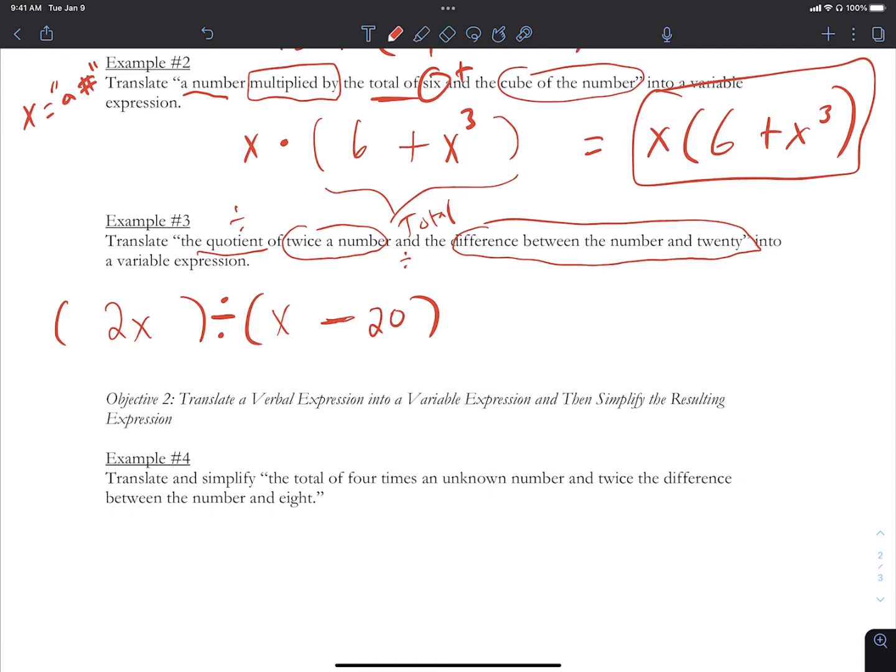And keep in mind, if I didn't have these parentheses here, this would read as two separate things. Another thing you could do, if you don't like using the parentheses, is to set it up like a fraction. So when I write 2x in the top and x minus 20 in the bottom, in the denominator, that reads the same way, because remember, this fraction bar is a grouping symbol. So these two things mean the same thing. They're equivalent.